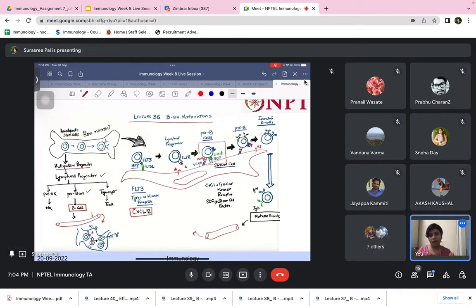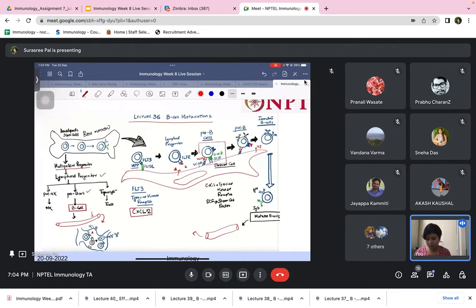So first let us look into the molecular mechanism by which these multipotent progenitor cells finally become immature B cells. What is this process of maturation?